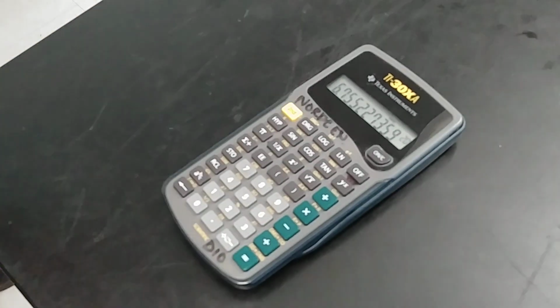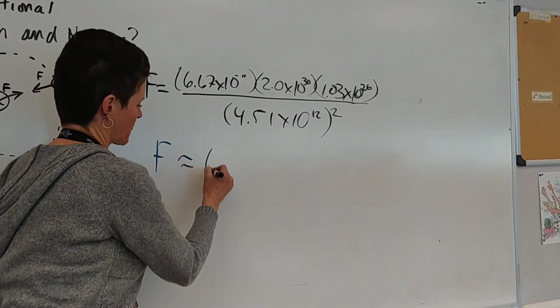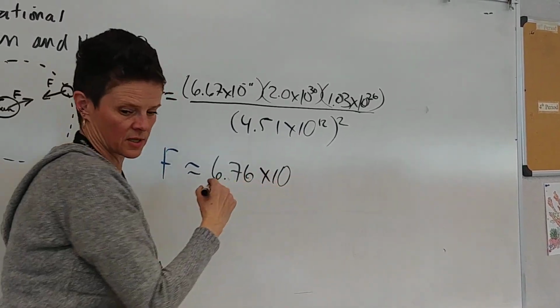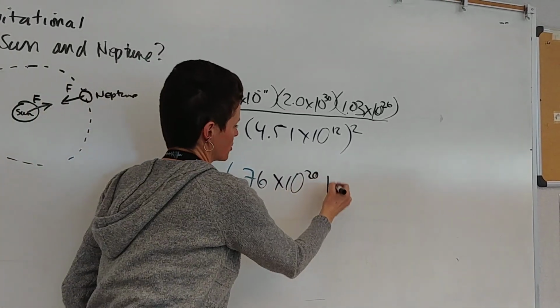Now I'm going to go back over to the board. I'm going to round off my answer to 3 digits: 6.76 times 10 to the 20. Now this is a force, so my units are newtons.